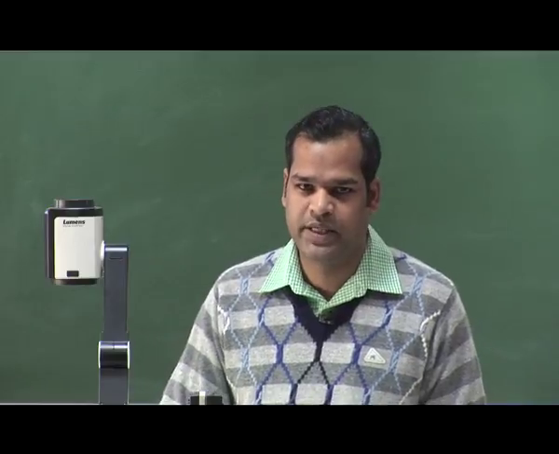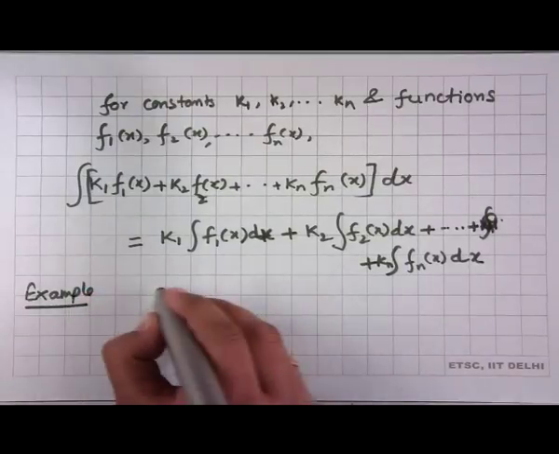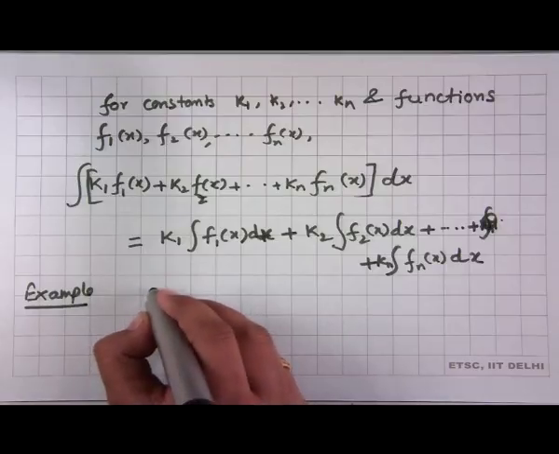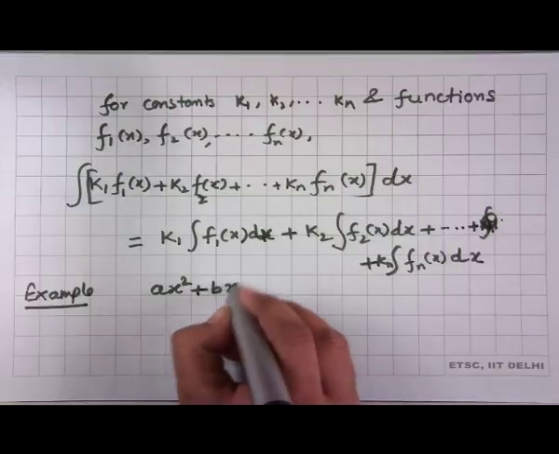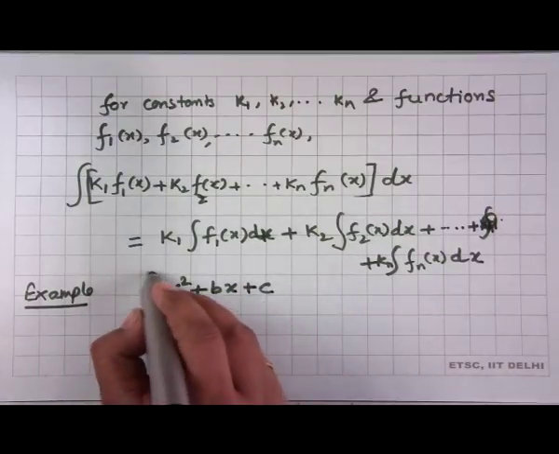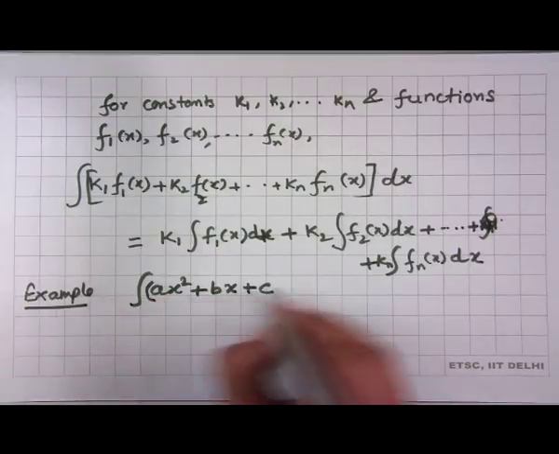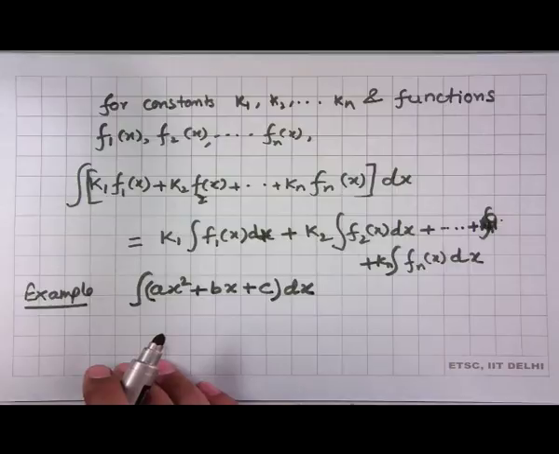We will give you one quick example. Suppose we are to find the integral of the function a x square plus b x plus c. To find the integral of this function, we write it in this fashion.